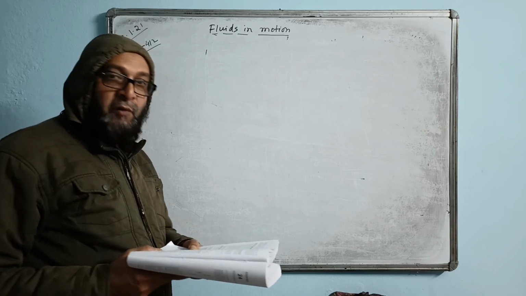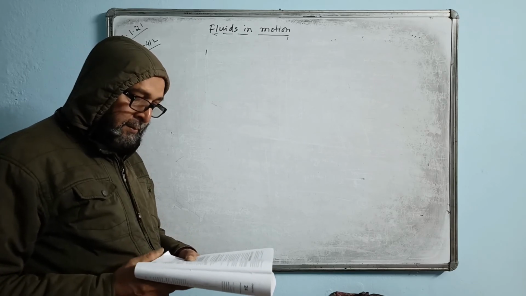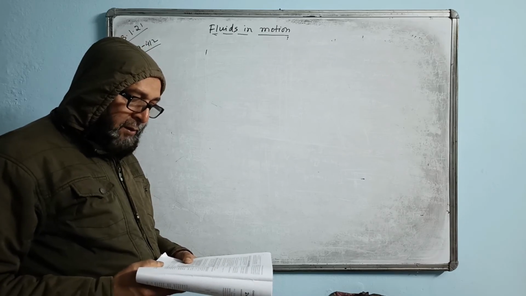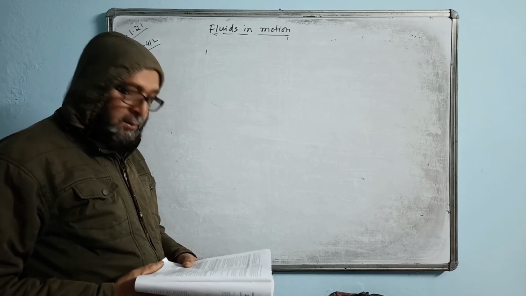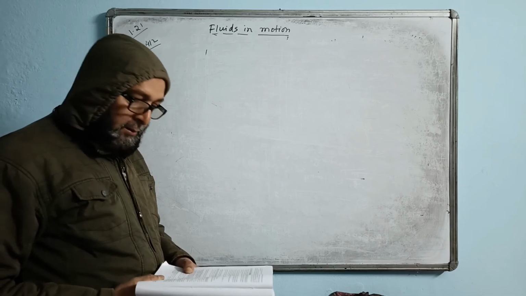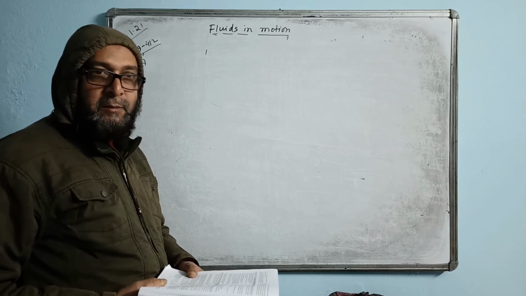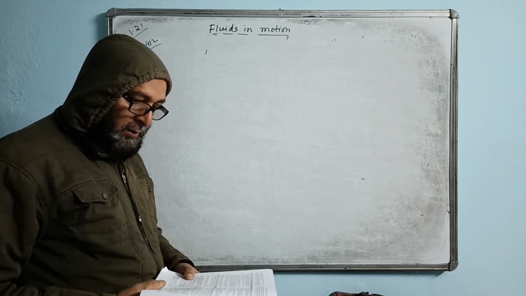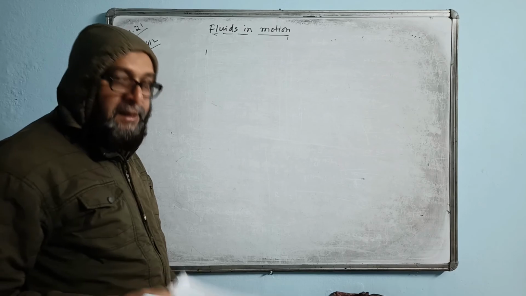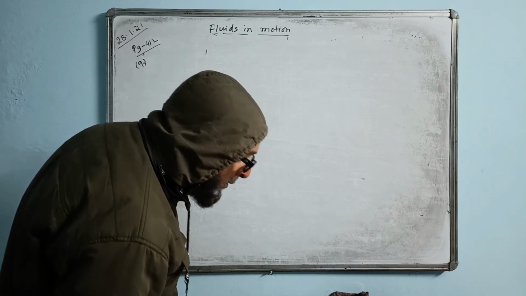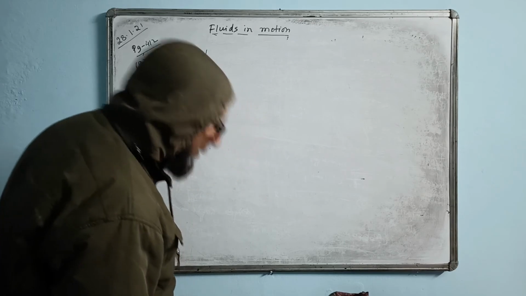Taking the viscosity of air as 1.8 into 10 to the power minus 5 poise, what is the radius of the raindrop?